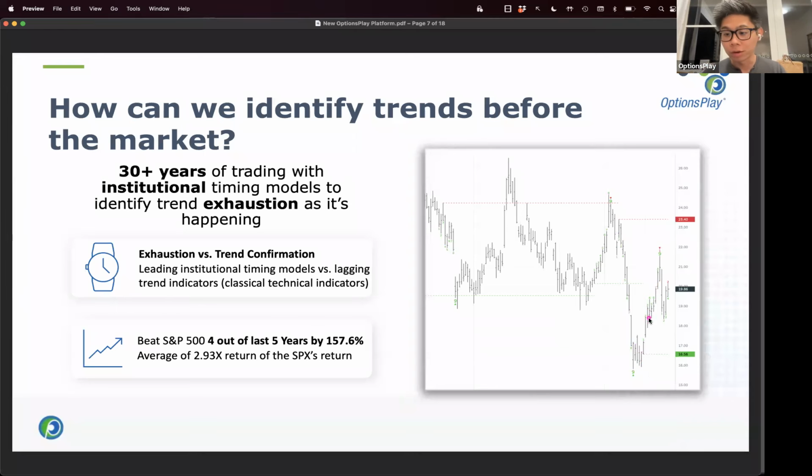If you wait for a trend following method where you might enter here, the risk that you're taking versus the potential reward is much more balanced, versus if you're able to get in much earlier, your potential downside is much smaller and your potential upside is significantly larger.